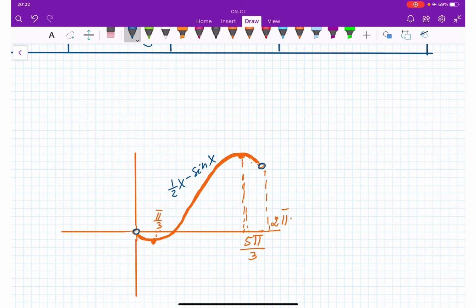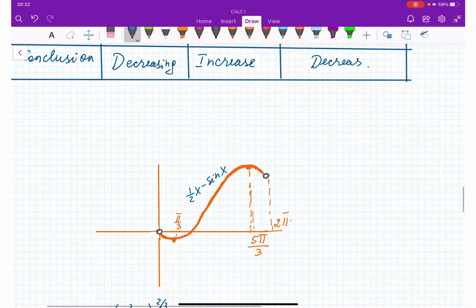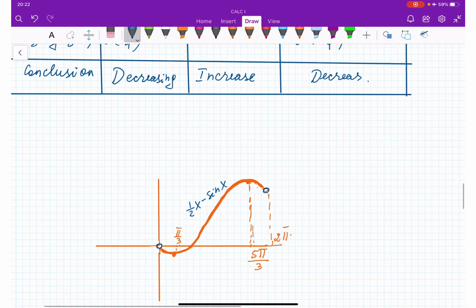It's not square brackets, which we would consider a closed interval and put solid points. So it's an open interval. That's why at the ends we put empty circles.